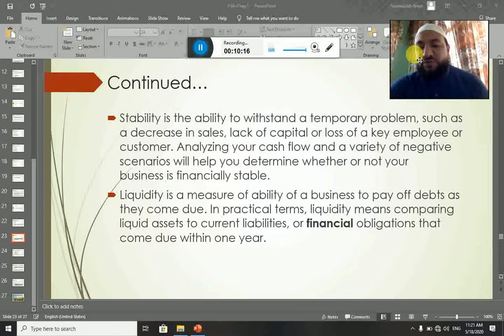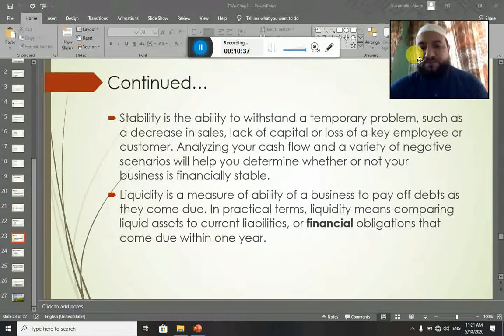Stability is also very important to know, because in a business life, anything could happen. So we want to check that if something unusual happens to our business, whether we can stand or not.